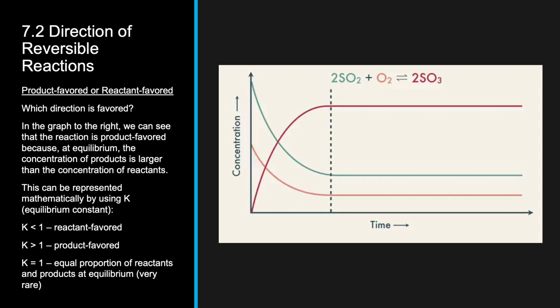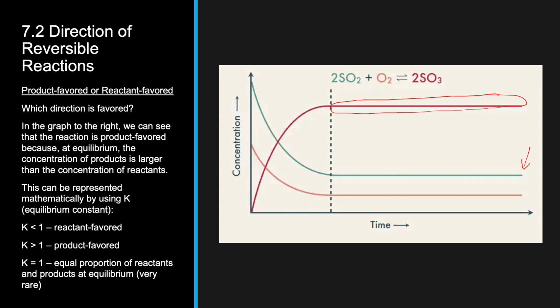If you look at this equilibrium chart with concentration versus time, you can see that sulfur trioxide, our product, ends up with a much higher concentration than our two reactants. That tells us this reaction is product favored, because at equilibrium, the concentration of the product is larger than the concentration of the reactants.